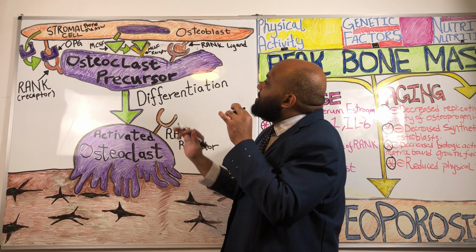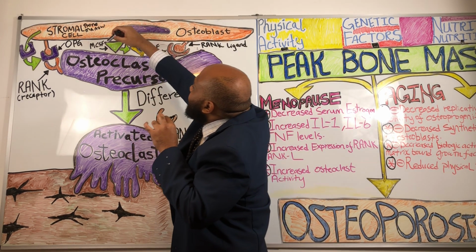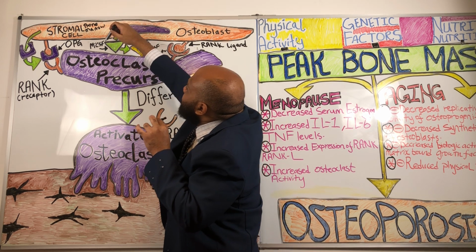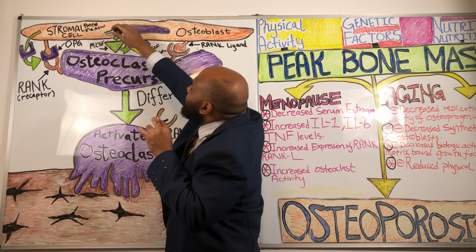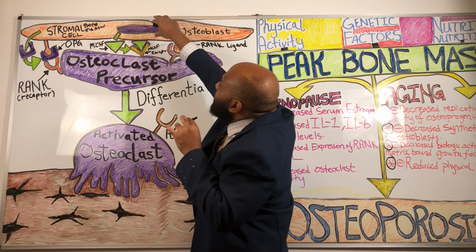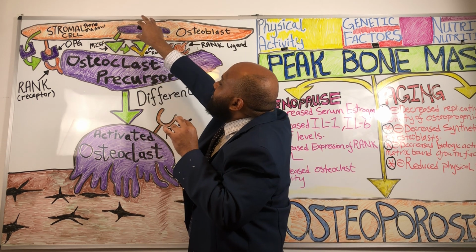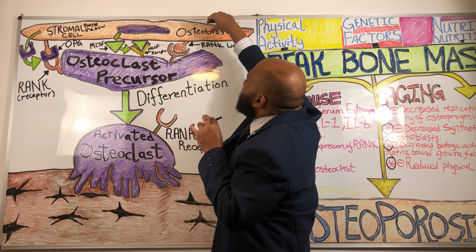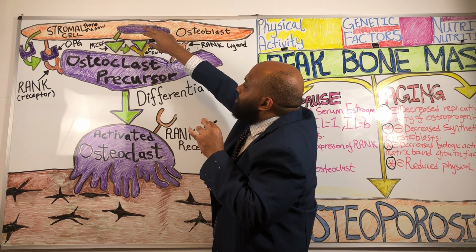The stromal cells of the bone marrow secrete this colony stimulating factor, the MCSF, you see, it comes out. This orange cell could either be a stromal cell of the bone marrow, or it could be the osteoblast. I'm going to begin with the stromal cell of the bone marrow pathway.